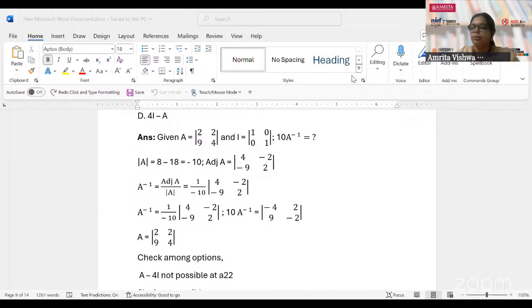Initially we'll be hosting a survey among all of you and you can give us an idea on which topics you're not comfortable with or you want to get an extra edge, you want to solve problems, something like integration using trigonometry or definite integral. It applies to every subject, physics, chemistry, mathematics, and biology. So professors from our institution will take the classes and you'll get a chance to interact with them one-on-one and it will be helpful for your board exams. So hope everybody wants a session like that. So I just wanted to get a voting from all of you before moving to the next question. That's why I have introduced the concept.